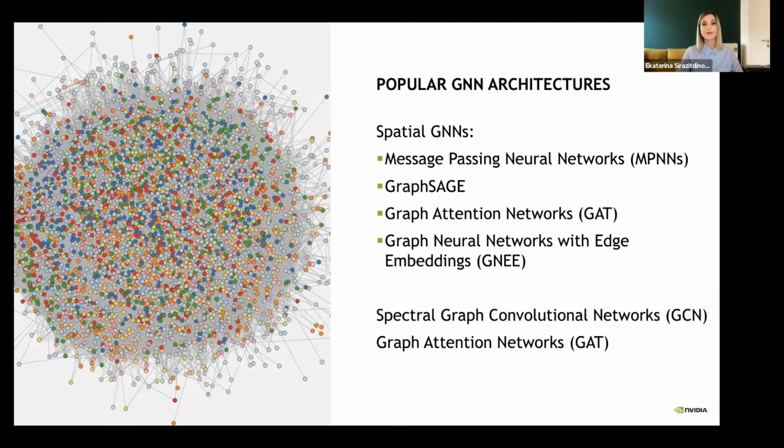And then there are also the so-called spectral graph convolutional neural networks. The key idea behind these is to leverage the spectral properties of the graph Laplacian matrix, which encodes the graph structure, to define convolutional filters that can operate on the graph.